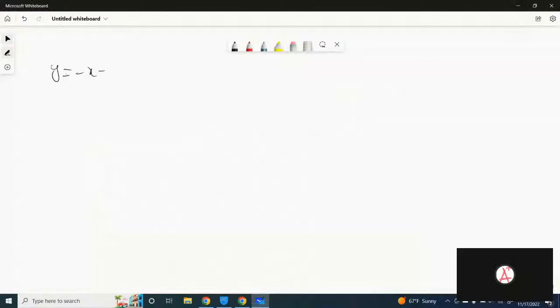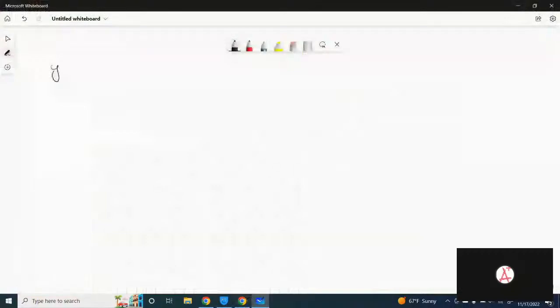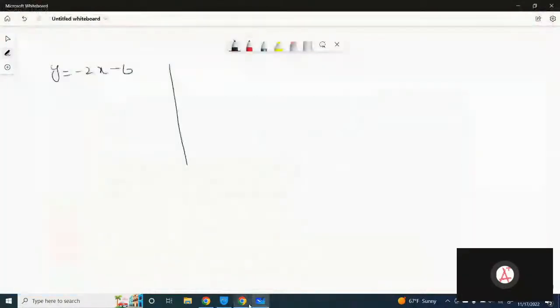The first equation is y equals -2x - 6, and the other equation is y equals -x - 4. Okay, let's suppose this is equation 1, and let's start with equation 1.